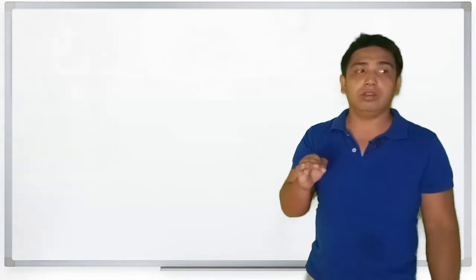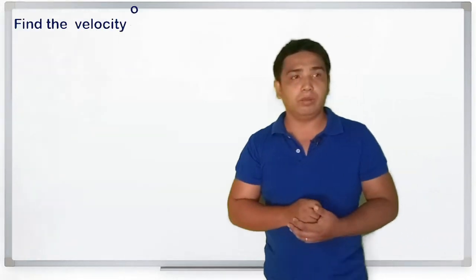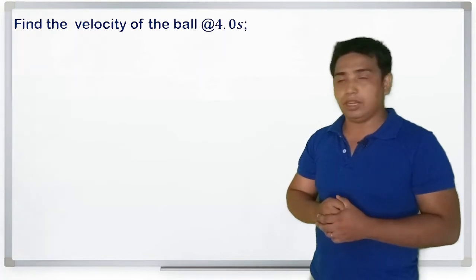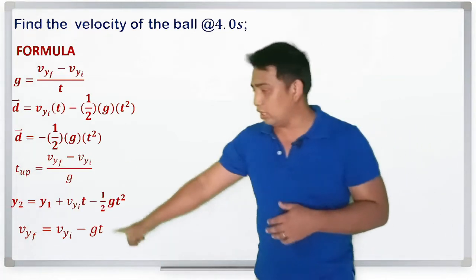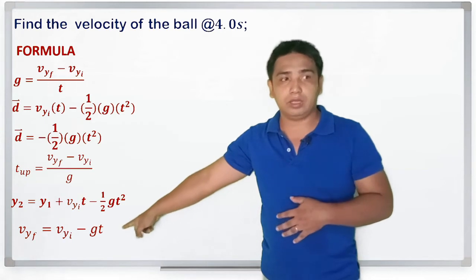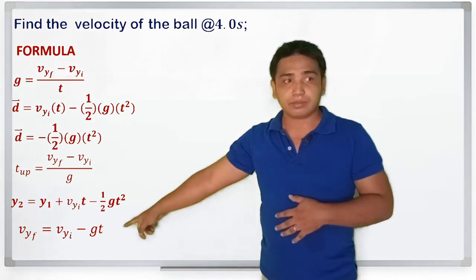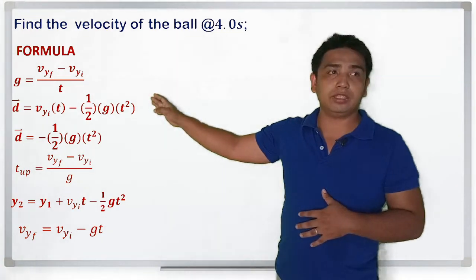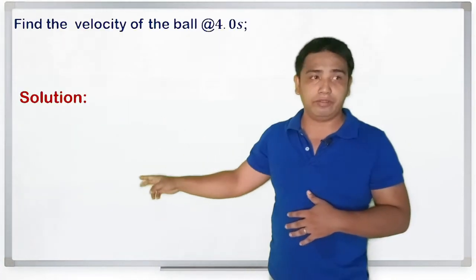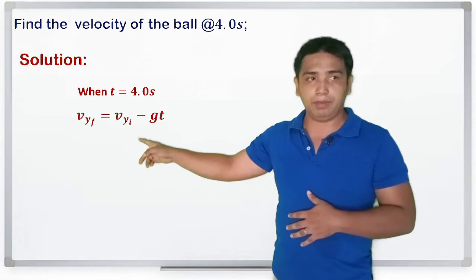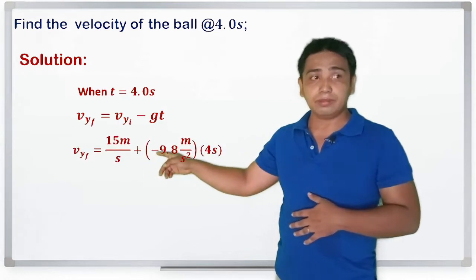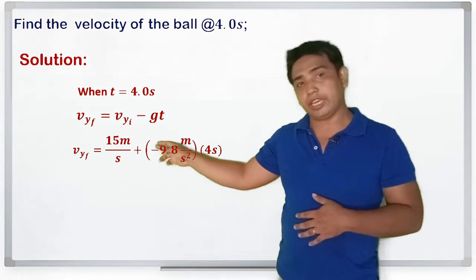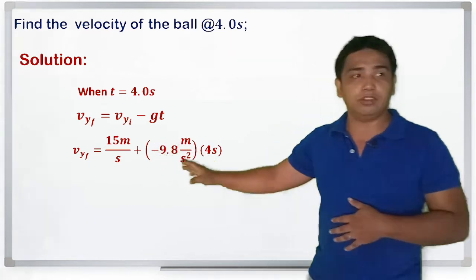Alright, so next is to find the velocity of the ball after 4 seconds. So we can actually use the formula that is well used, VYF equals VYI minus g t. So we get that and substitute the values. We have VYF equivalent to 15 meters per second minus negative 9.8 meters per second squared times the value of time, which is 4 seconds.